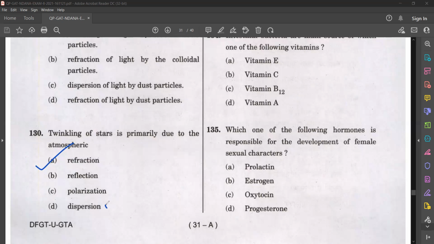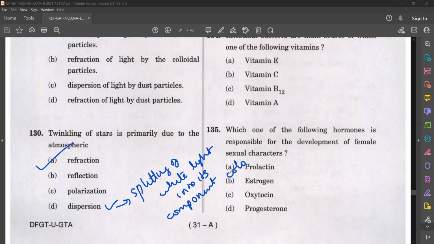Then dispersion. What is dispersion? It is splitting of white light into its component colors. That is dispersion. So here the phenomenon associated is refraction.